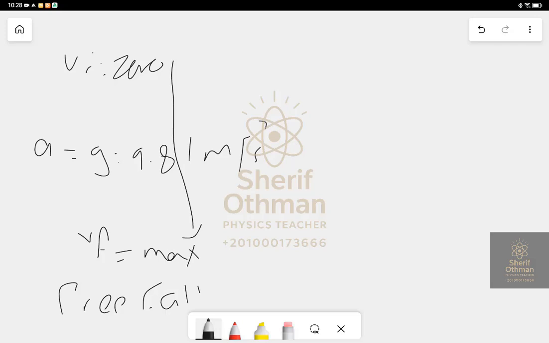But when we talk about the vertical projectile, V initial will be maximum. And the one which will equal 0 is V final.